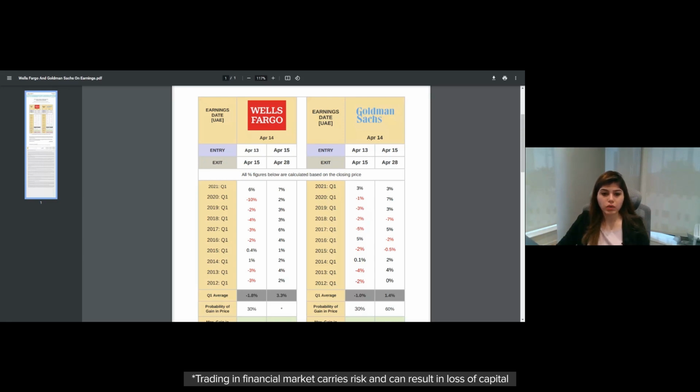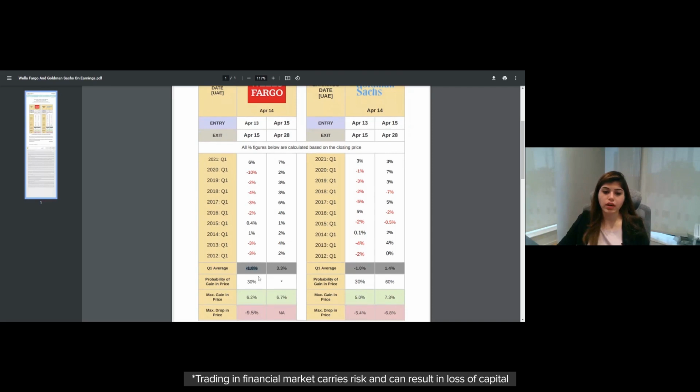A day prior to its earnings, there's a great probability for Wells Fargo to fall. The average fall is expected at around 1.8%, and there is a 70% chance that the stock will fall before its earnings.